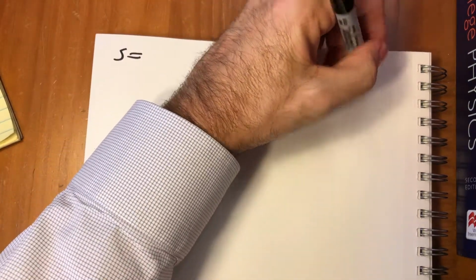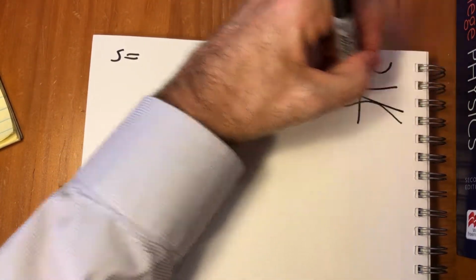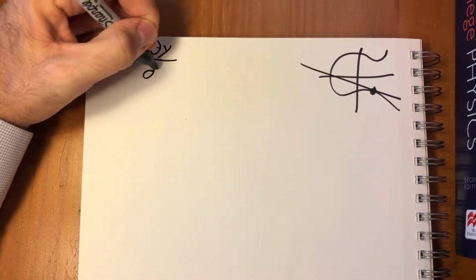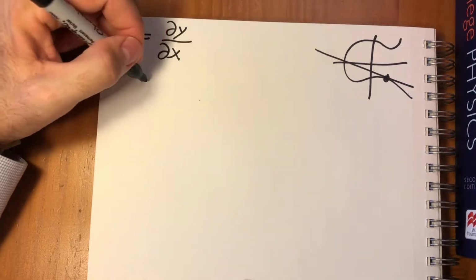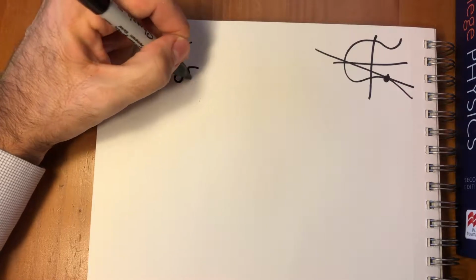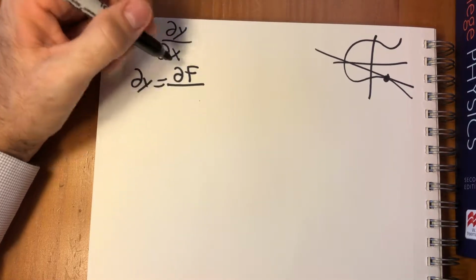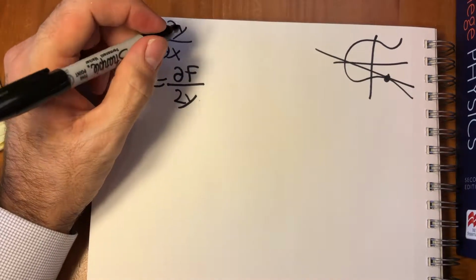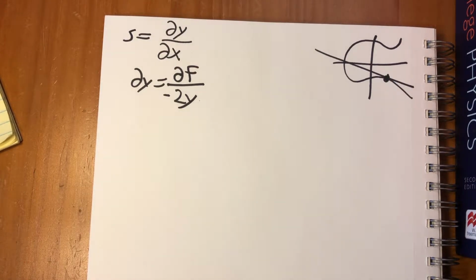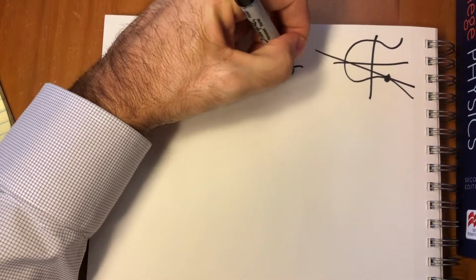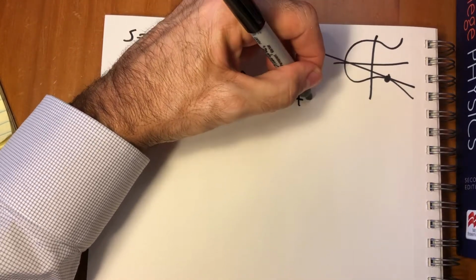Okay, so what's the slope? We want the slope of this line. The slope is the change in y over the change in x. We just found out that the change in y is df over 2y, and we had a minus sign. I'm not sure about that. And then dx equals df over 3x squared plus a.